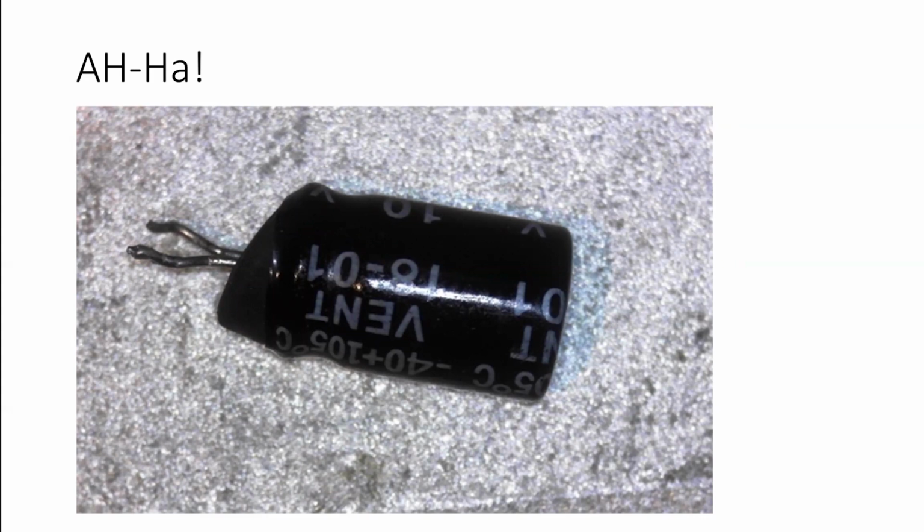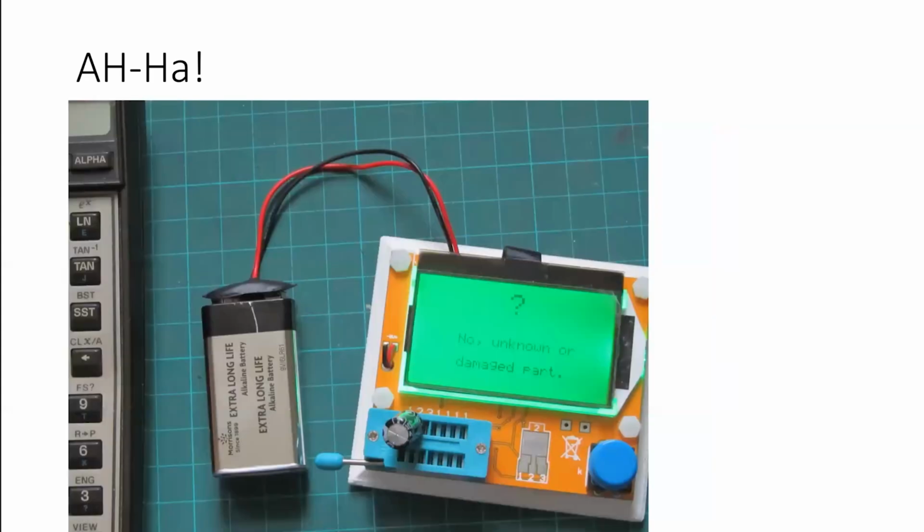Now let's have a quick check. This is my first line component tester. It lives on the bench at all times, and I can stick anything in it and it will tell me the basics of it. It tests resistors and capacitors and inductors, plus transistors, semiconductors of all kinds, SCRs, MOSFETs, bipolars, diodes, LEDs, everything.